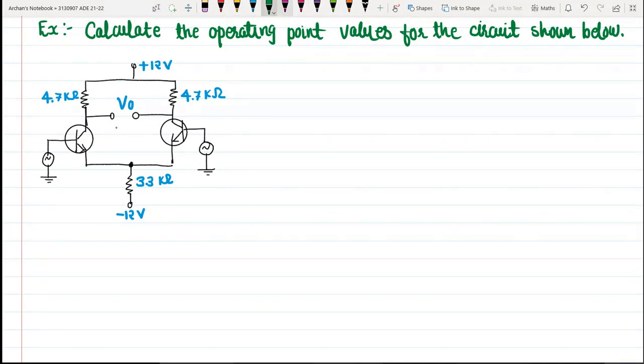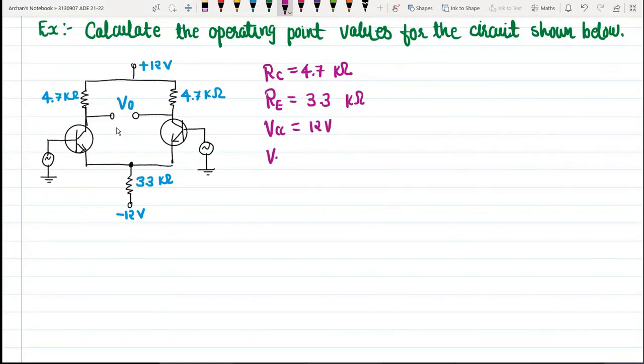So the values available to us are collector resistance RC equal to 4.7 kilo ohm, emitter resistance RE 3.3 kilo ohm, then VCC 12 volt and VEE is negative 12 volt.